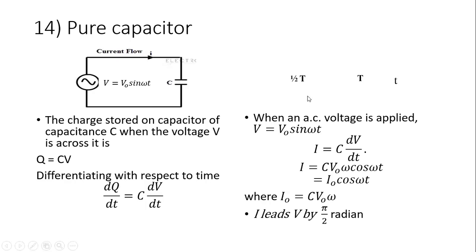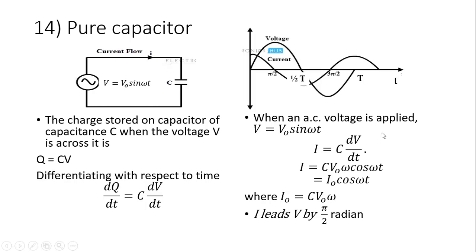And then we compare these two equations. We see that the cos comes first. We can draw the graph. This is your current. This is your voltage. We can either look at the zero, where it's going down, or we can look at the peak value.